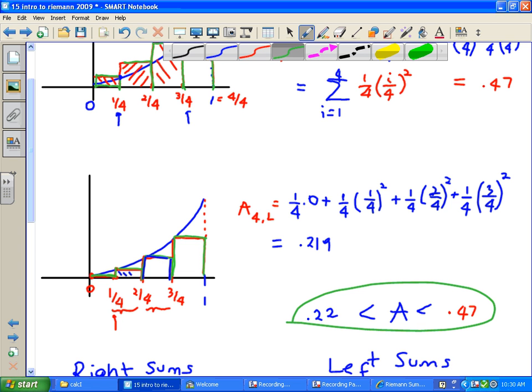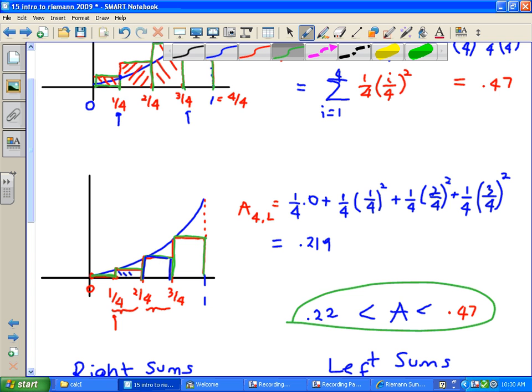Again, we're getting closer. We want to refine it even more if we could. It could be 0.3, it could be 0.35, but there are still infinitely many answers in that little interval there. So this is a good start, but we're not there yet, okay? But you'll be amazed. In the next 10 minutes, we're going to be able to do 500 rectangles because our calculator has a command called sum of a sequence, and I'm going to show you how to do that.